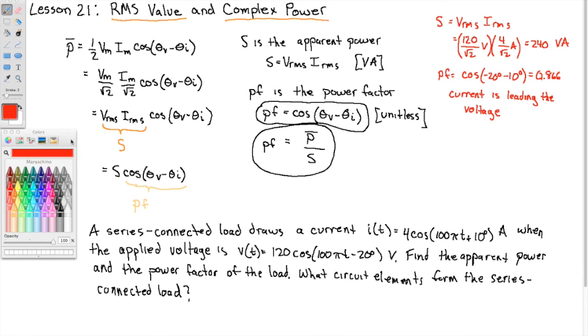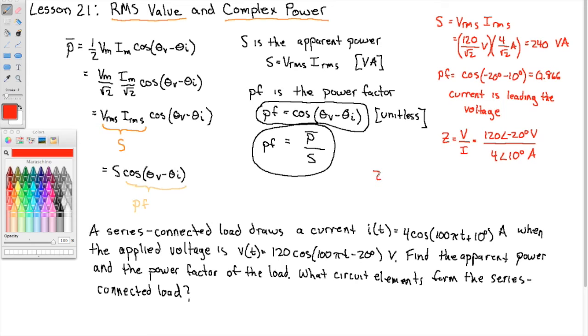Alright, so let us calculate the load impedance now. Z, the load impedance, is, again from Ohm's law, V over I. So V is 120 angle minus 20 degrees volts. I is 4 angle 10 degrees amps.